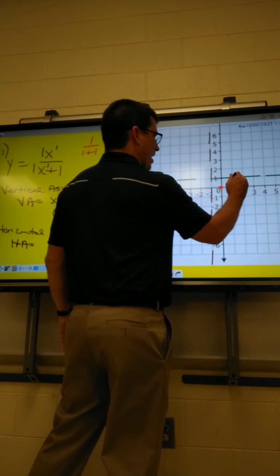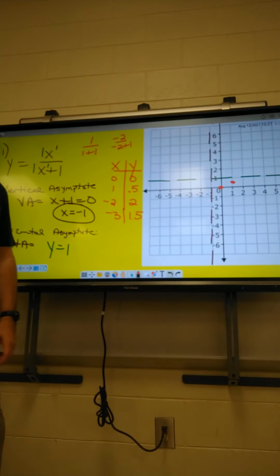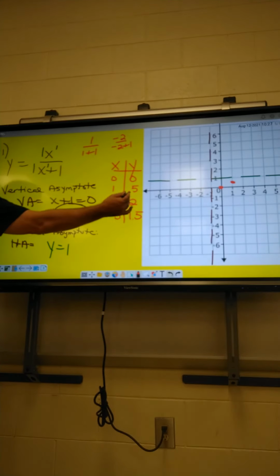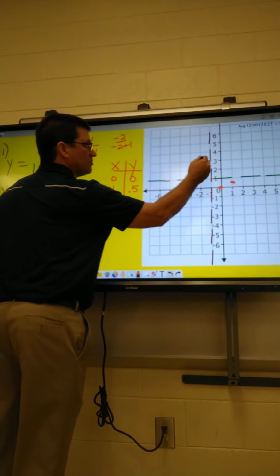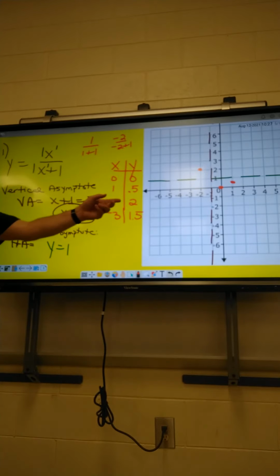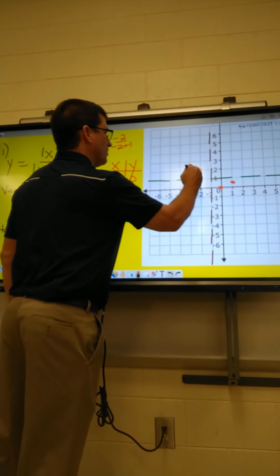So over 1, up halfway between 1 and 2. Good. All right, ready for the next one? -2 up 2. -2 up 2 is right there. -3 up 1.5 is right here. Okay.